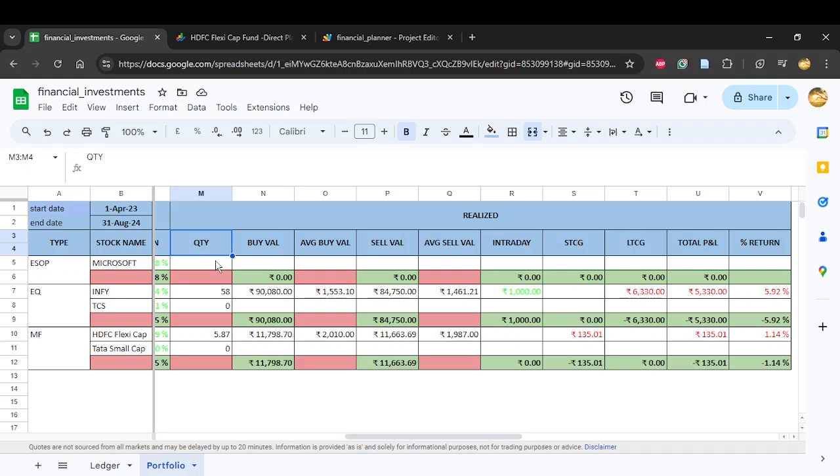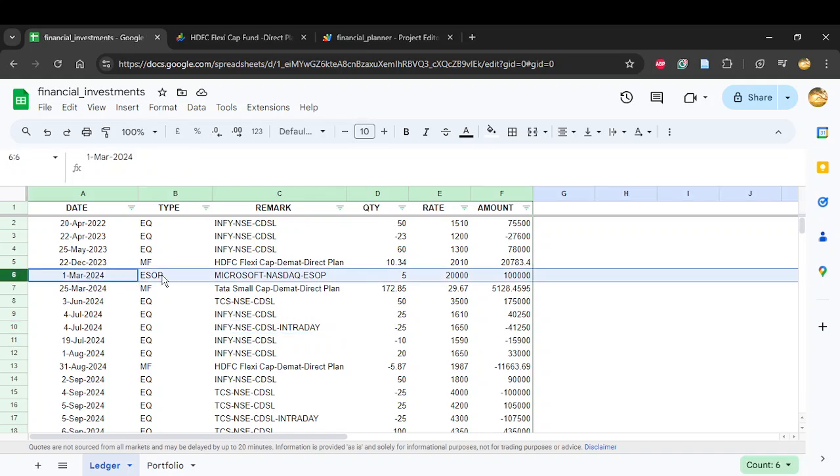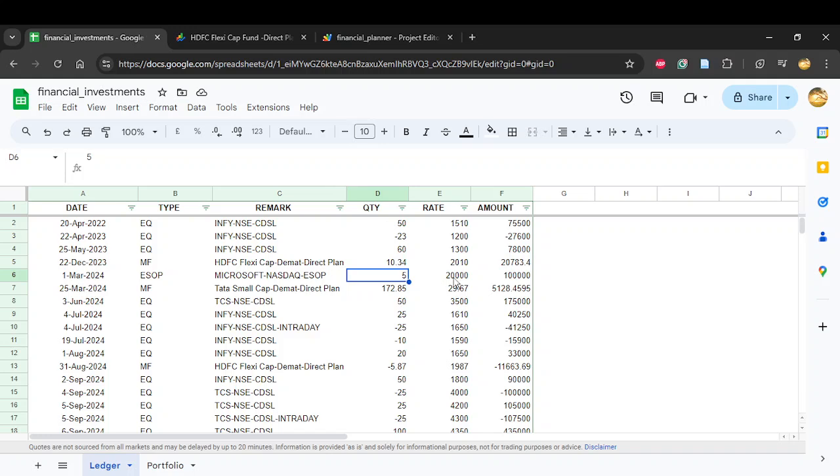As you see, the ESOP share has not been sold. If I go back to the ledger quickly, you can see that for ESOP I have only one row, where I'm just purchasing ESOP. It's plus 5 and some average price for the purchase. Again, this price is a dummy price that I've put.